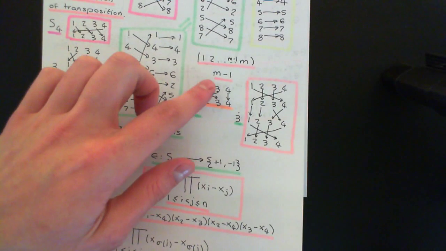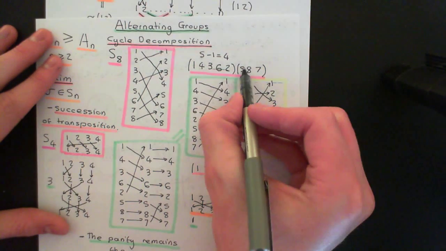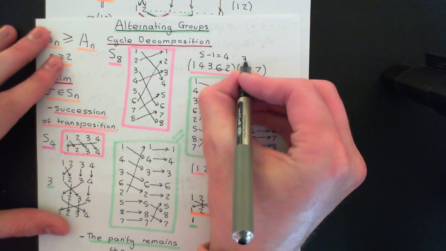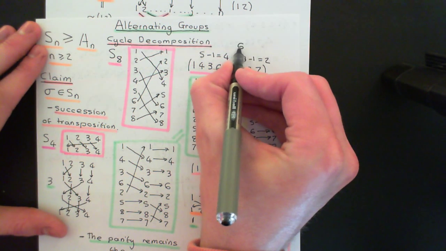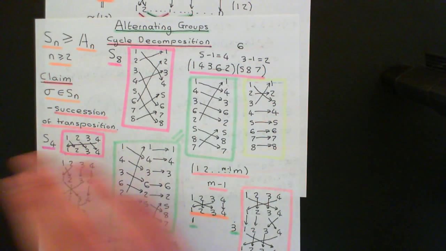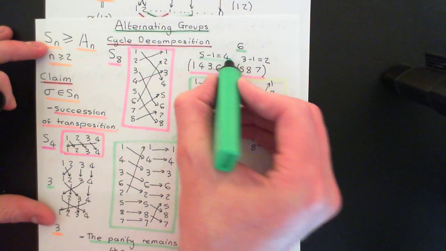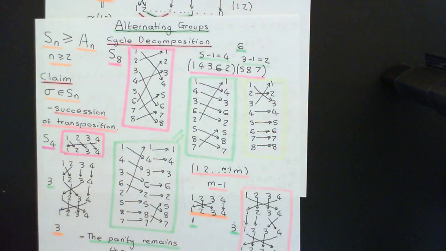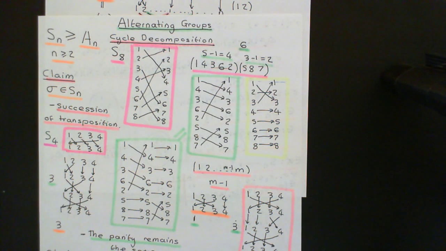This theorem here: a cycle of length m can be broken down into m minus 1 transpositions. This 3 cycle here could be broken down into 3 minus 1, which is 2 transpositions. So add those two together and I get 6. So overall I could write this element as 6 transpositions, meaning that overall it must be an even set permutation, i.e. it would be in the alternating group on the set of 8 elements.